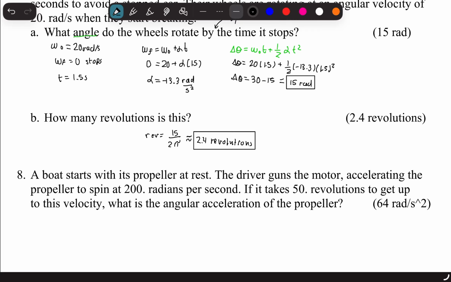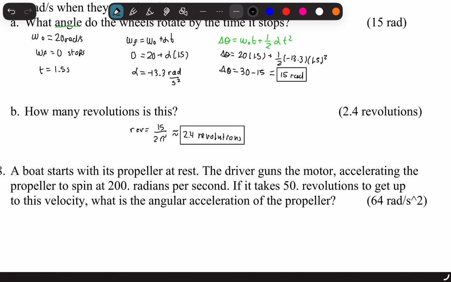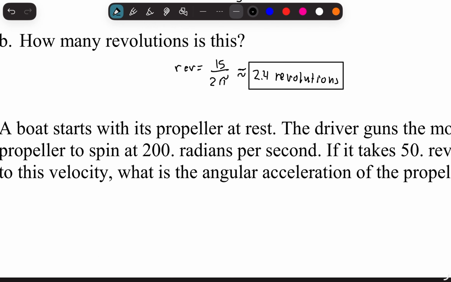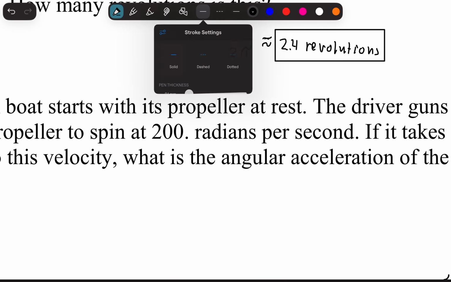A boat starts with its propeller at rest and reaches 20 radians per second. If it takes 50 revolutions to get up to this velocity, what is the angular acceleration of the propeller? Okay, so I have to write a little small, so I'm just going to zoom in.